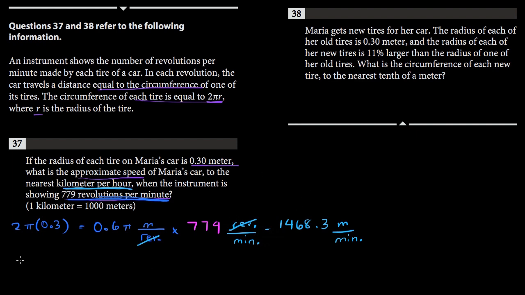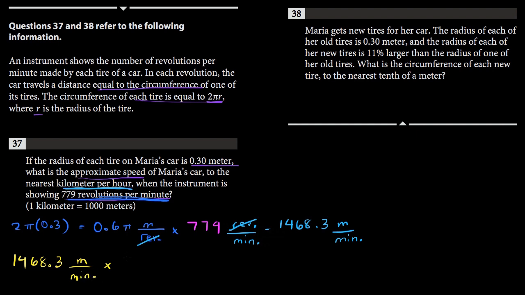So what I do is I take 1468.3 meters per minute. And what I'm trying to achieve is to multiply this by fractions in order to cancel out the minutes and meters and replace them with hours and kilometers respectively. And it makes sense if I do it. So I want to cancel out the minutes.